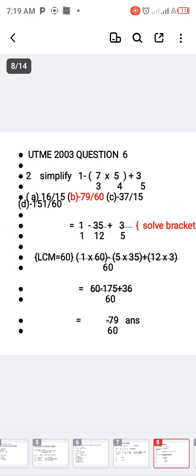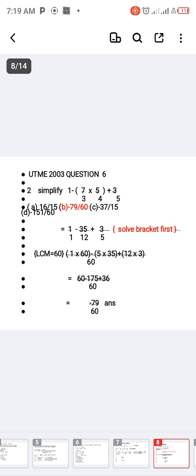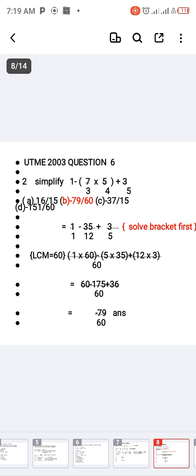Now, there's another question. This question is picked from the Unified Tertiary Matriculation Examination 2023, question 6. It says, simplify 1 minus, open bracket, 7/3 times 5/4, bracket close, plus 3/5.